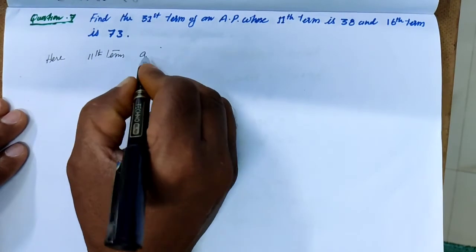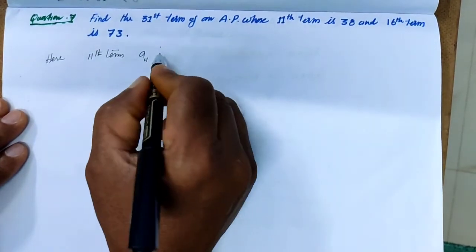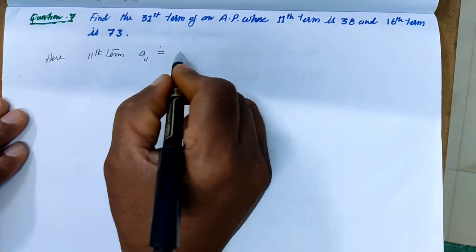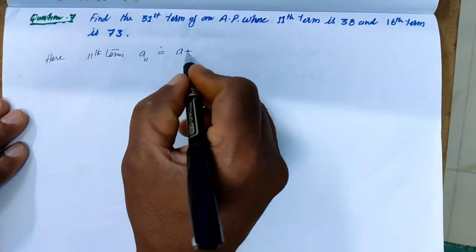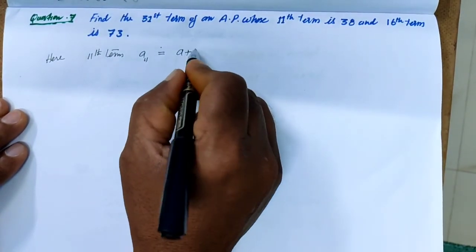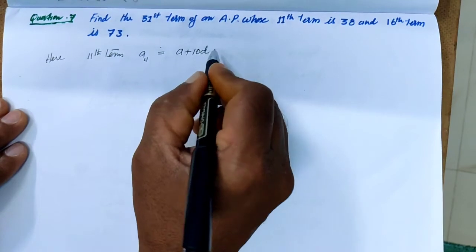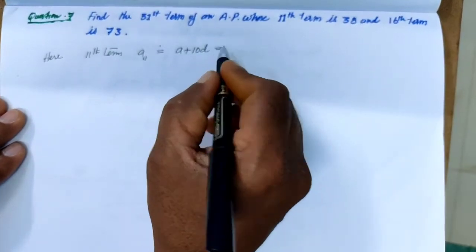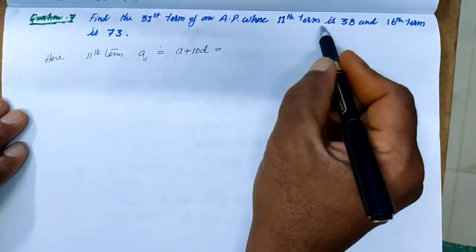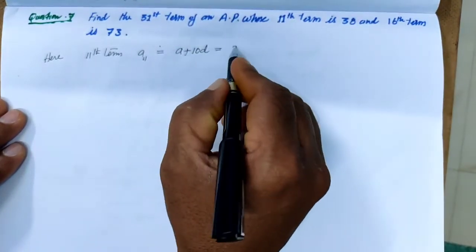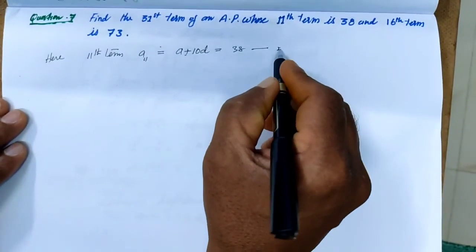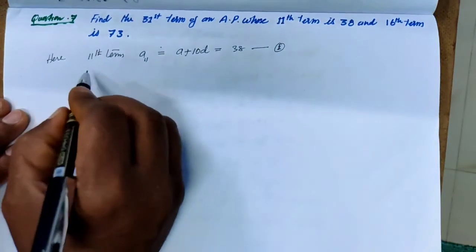The 11th term can be written as a plus 10d. So according to this the 11th term is 38. So this equation is 1.